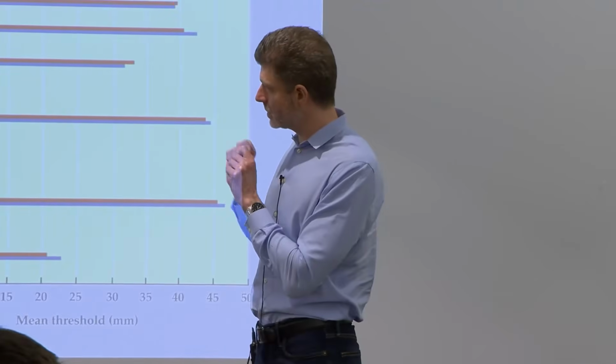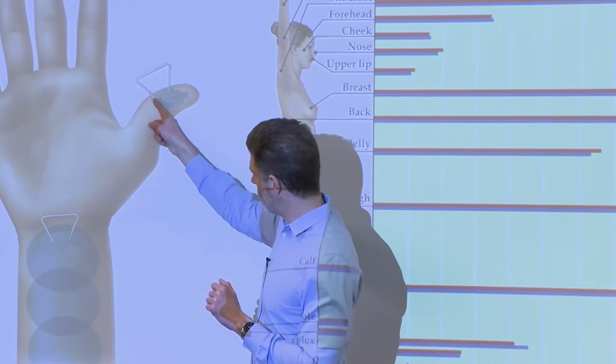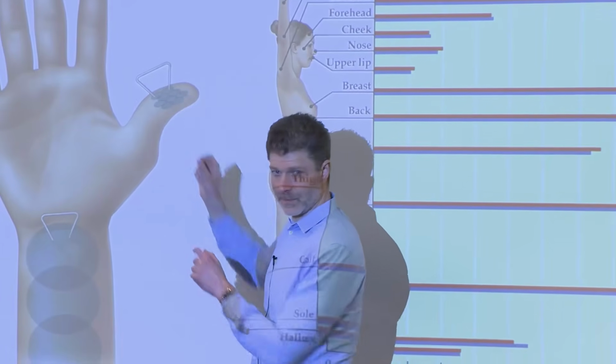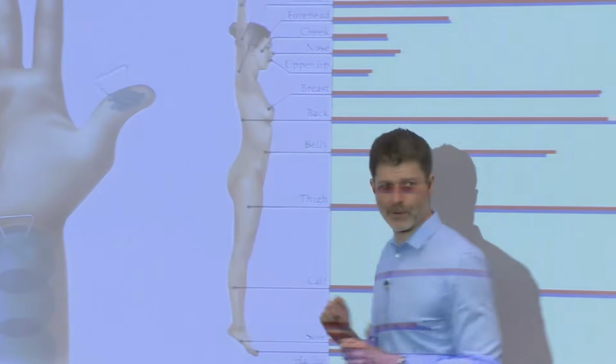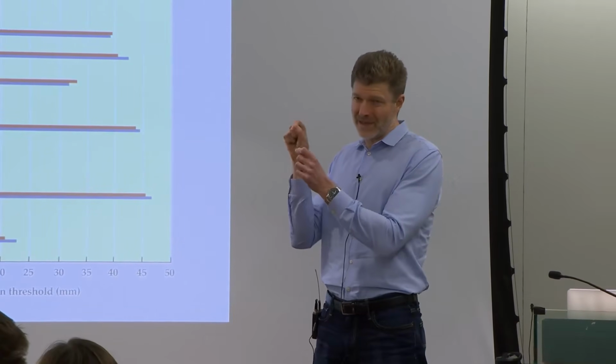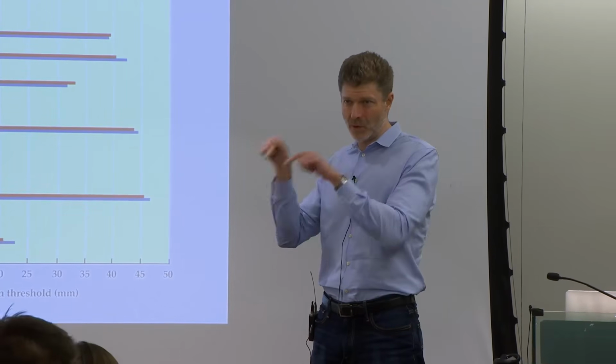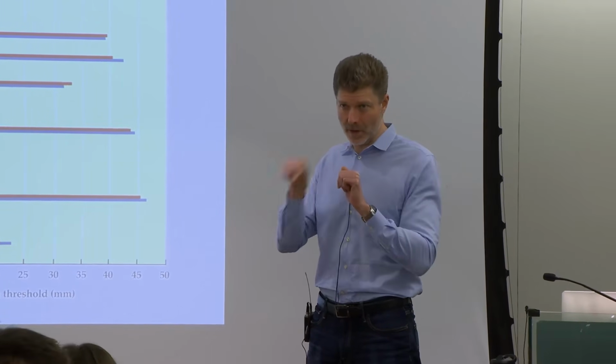This is standardly measured with a 2-point sensitivity test. The idea is that you stimulate the person with either 1 poke or 2 pokes that can be some distance apart, and you're trying to measure the threshold for the distance between the 2 points at which you can tell that you're being poked twice instead of once.